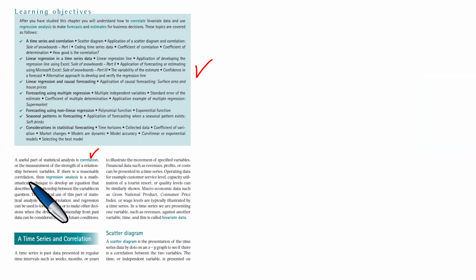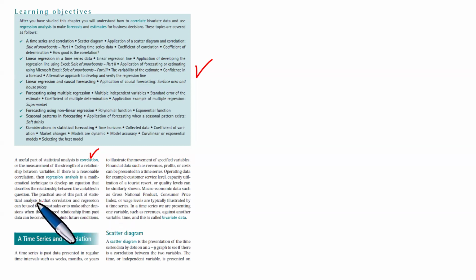Right, what is correlation? It is the measurement of the strength of a relationship between variables. Relationship between variables, that's correlation. If there is a reasonable correlation, then obviously we speak of regression analysis. And regression analysis is a mathematical technique to develop an equation that describes the relationship between the variables in question.